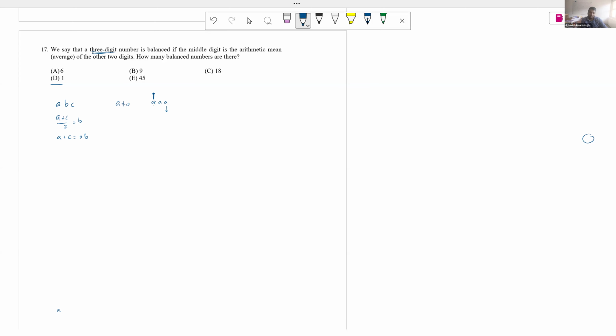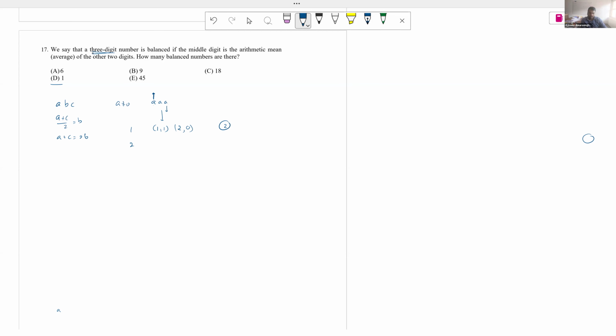And all these numbers you will have are balanced numbers. So let's see how many balanced numbers there are for each digit. So for 1, you can have, of course, 1, 1 by this reasoning. And then you can go up 2, and then you hit 0, and that's all. So you will have 2 balanced numbers here.